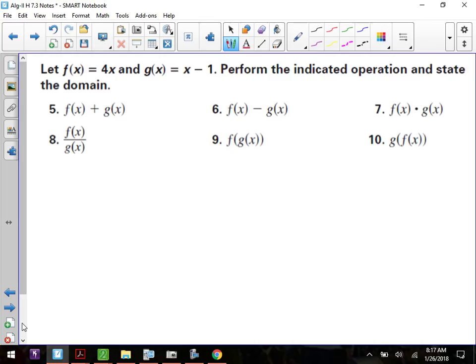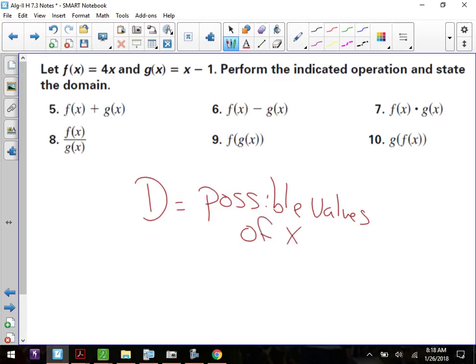Domain. You guys remember what domain stood for? What happens here when we're talking about domain? Your domain is always going to be your possible values of x.